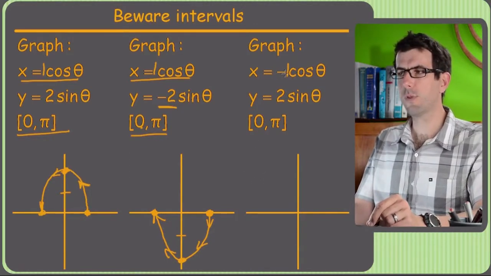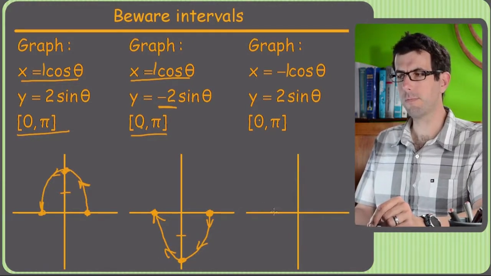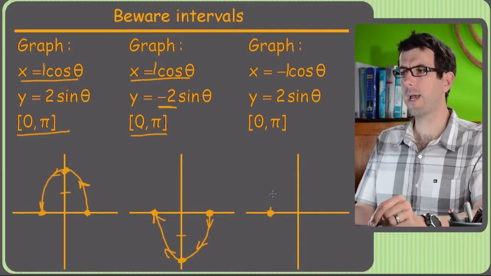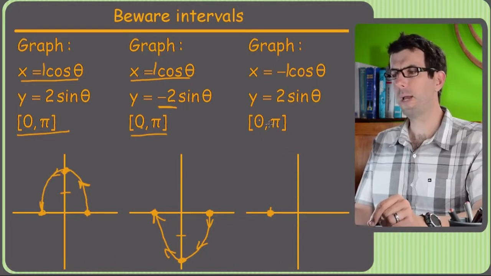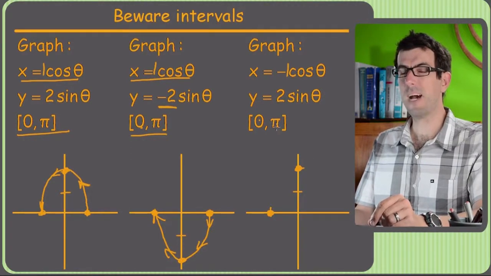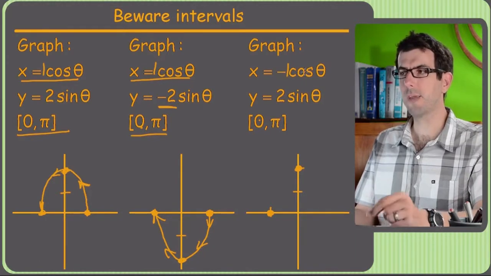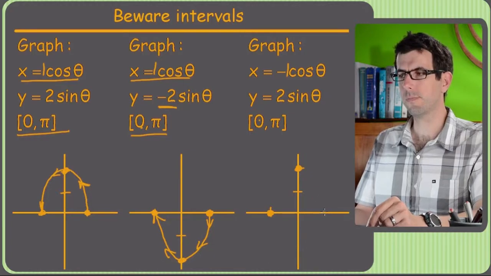All right, in this last one, we throw a negative in front of the cosine theta. So that means our starting point, when you plug in 0, you get -1 for x and 0 for y. Then when you plug in pi over 2, you get 0 for x and +2 for y. And then when you plug in pi, you get -(-1), which is +1, comma 0.